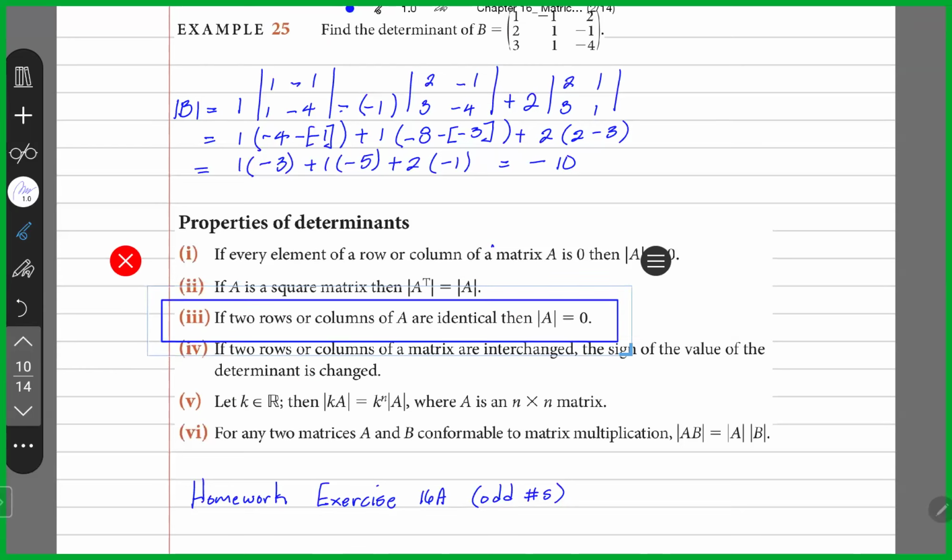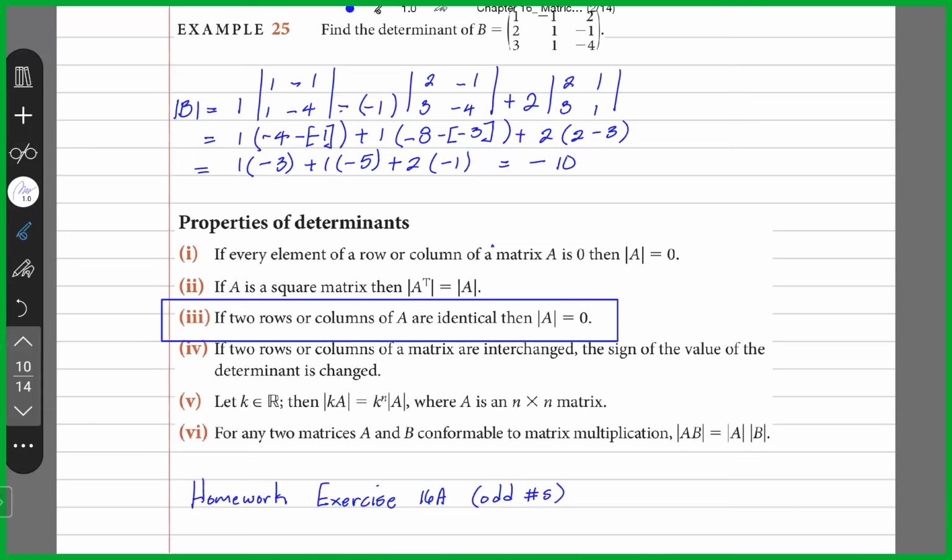If two rows or two columns of a matrix are interchanged, the sign of the value of the determinant is changed.